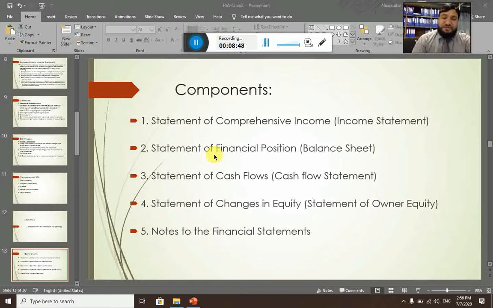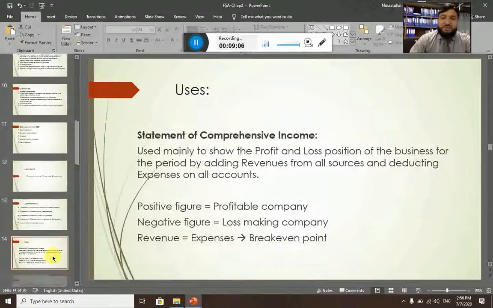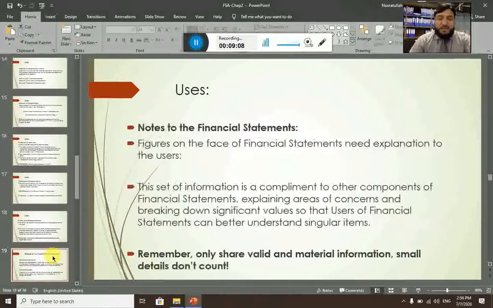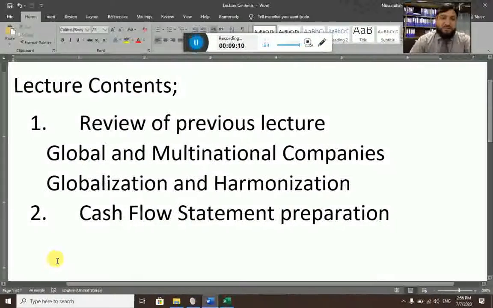Each financial statement has notes to it, and combined we call all those notes the notes to financial statements, which are attached to the set of financial statements presented to the readers. That's all about the discussion. So let's go and discuss the second thing, which is global and multinational companies, along with globalization and harmonization.